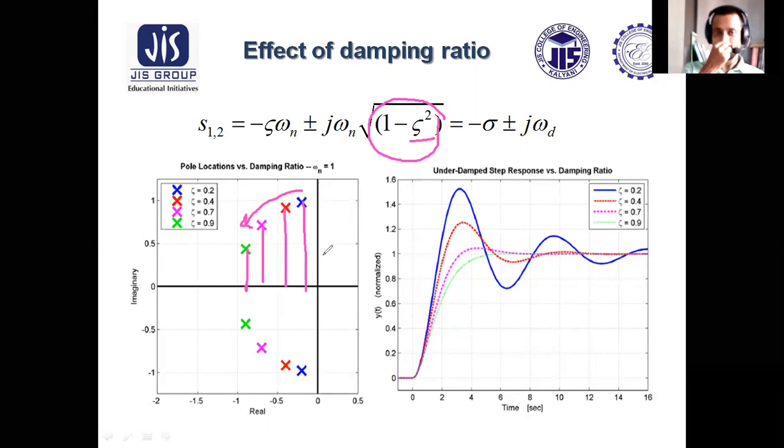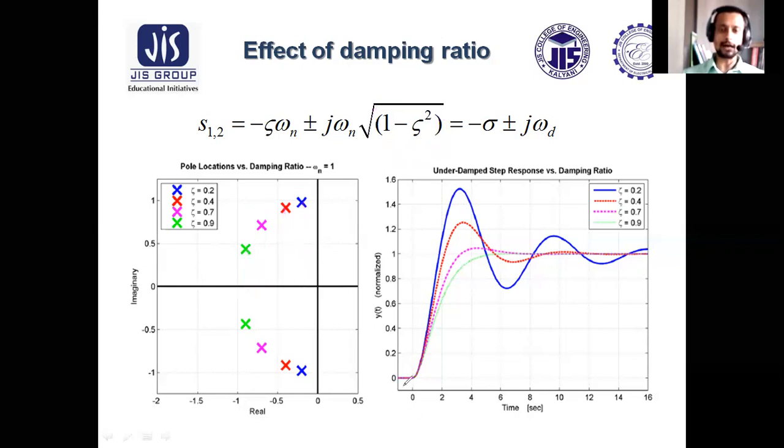So for a less value of zeta, the pole will be located closer to the imaginary axis and away from the real axis. If the zeta value is much higher, then the pole location will be far away from the imaginary axis, so the real part will be more and the imaginary part will be less. That is, it will be much closer to the real axis.